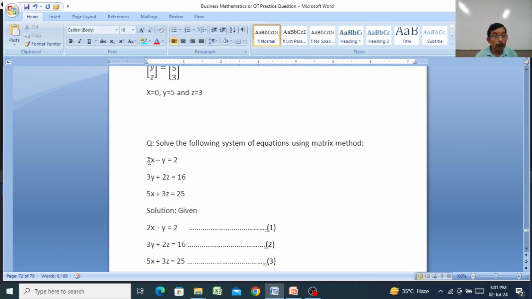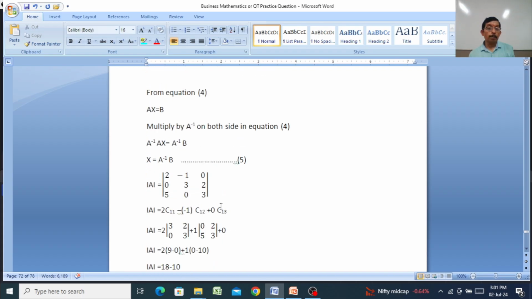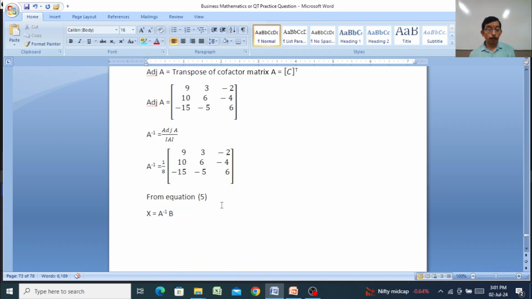X equal to 2, it means 2 multiplied by 2 is 4, y equal to 2, then 4 minus 2, the result is 2. Then it satisfies the first equation. Also check the second equation, third equation. It also satisfies these equations. It is clear. This is the answer of the given equation by the matrix method.